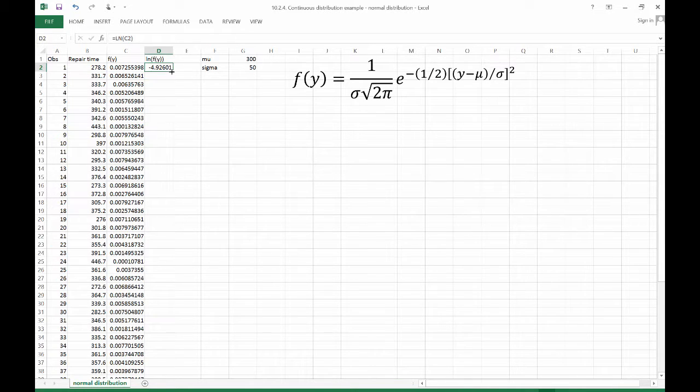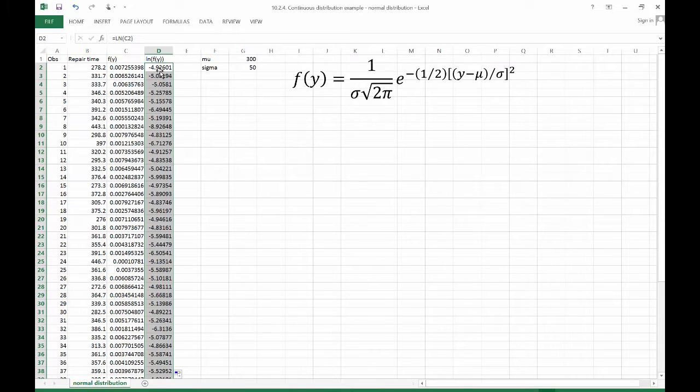So we're going to take the natural log of each one of those, and then we're going to add those up. Okay, so our natural log likelihood function is just the sum of all of these values.